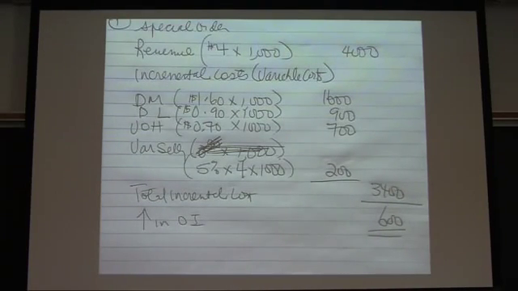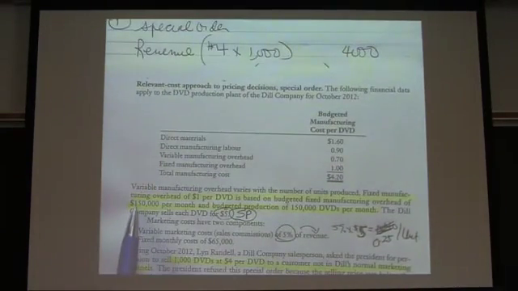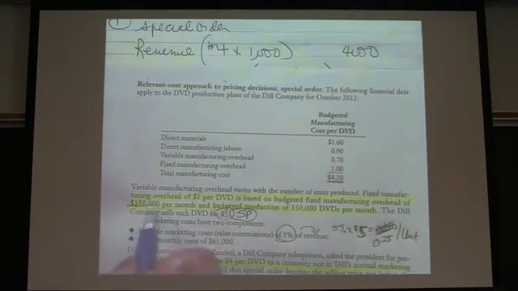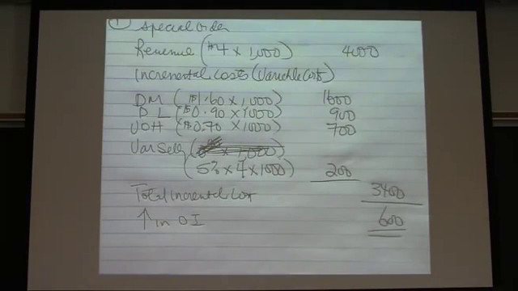Now, this calculation is going to assume that the total fixed costs, this 150 and the 65, are not going to change. So fixed costs will remain unchanged.